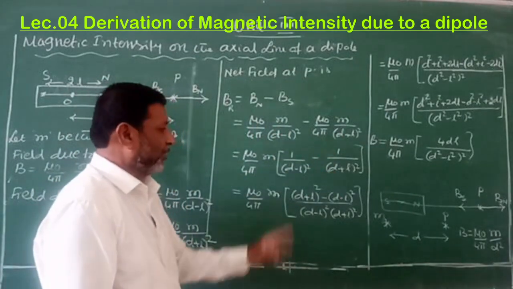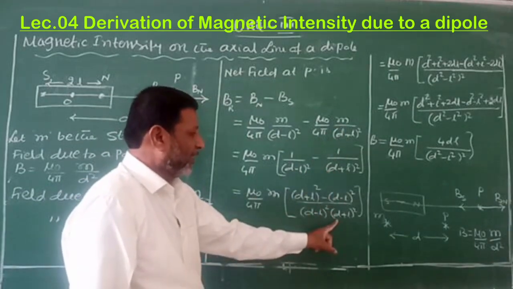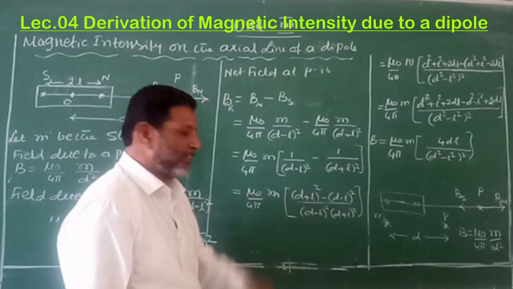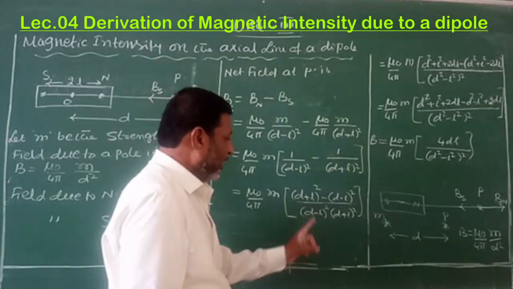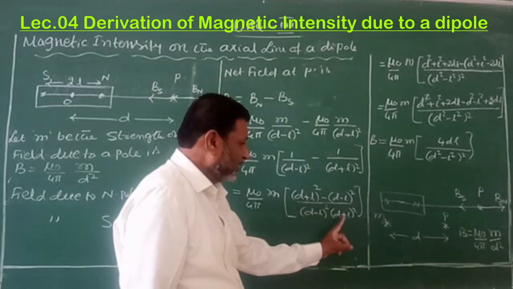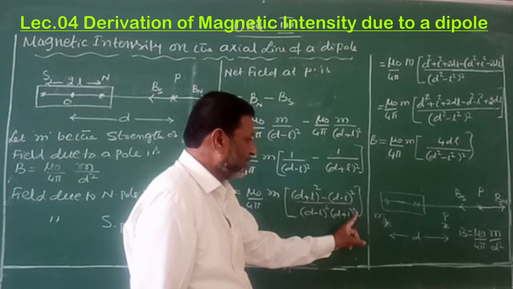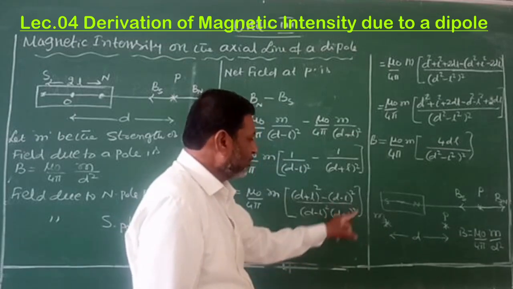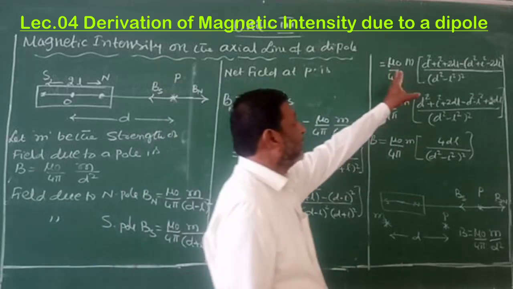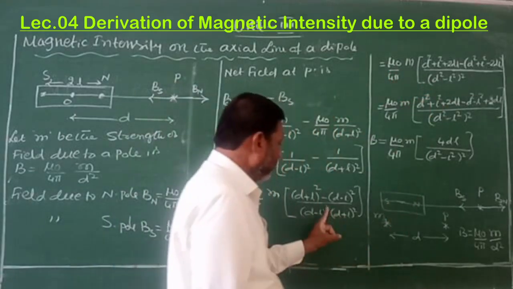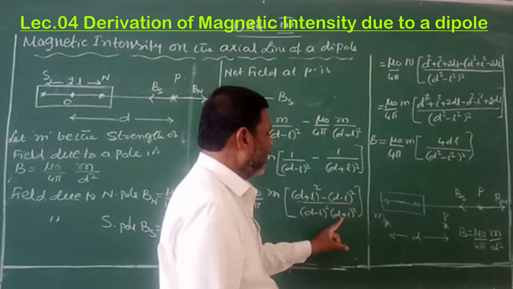Now take the LCM; the product of these two is the LCM. Then this is d minus L and this is d plus L, and the power is the same for both, the square. So you can write mu naught by 4 pi m as it is. Since they have the same power, you can write d minus L, d plus L, whole square.